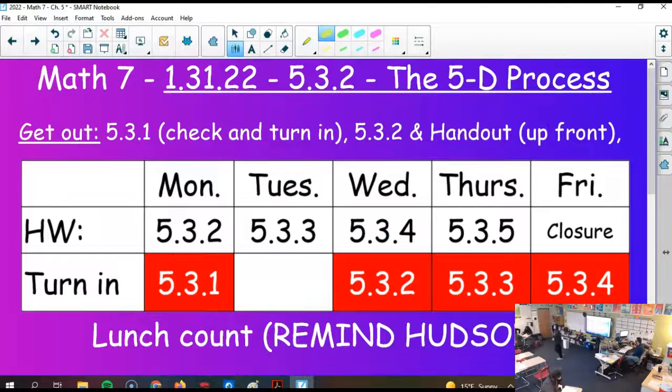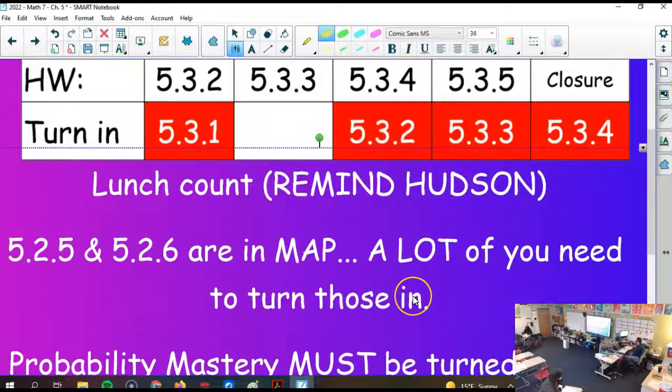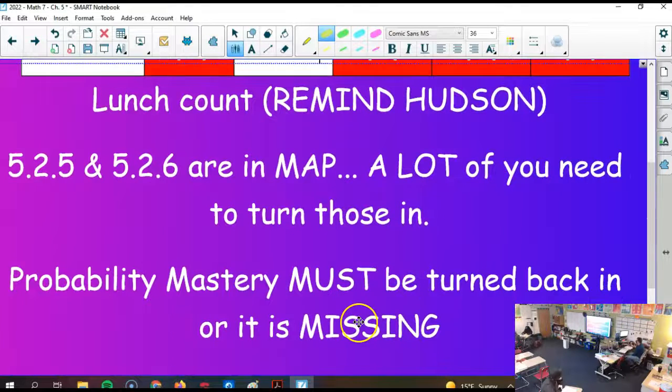No worries. We did lunch count. 525 and 526 are in map now. Some of you are okay, whatever. Thank you because you got them back. If you did not get back 525 and 526 today, you haven't turned them in. So right now, check your binder. If you have 525 and 526 that are done and need to be turned in, turn those in right now, and please make sure your name is on them.